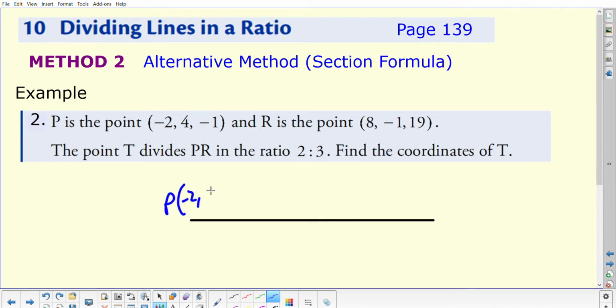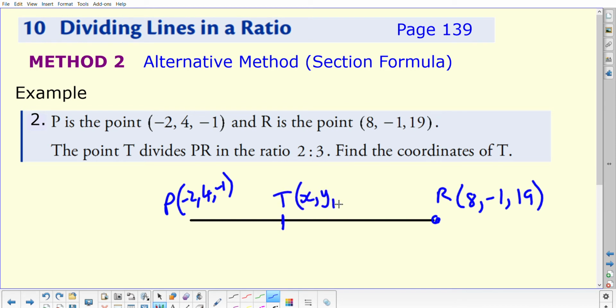So I'm going to have -2, 4, -1, that's my point P. My point R at the other end is 8, -1, 19. And I'm going to be trying to find this point T, and I'm going to list it as having coordinates X, Y, and Z. And we know that it's dividing up that line in the ratio of 2 to 3.